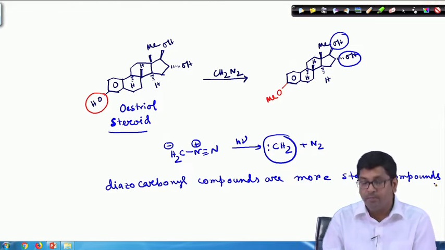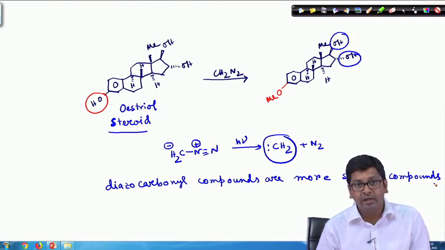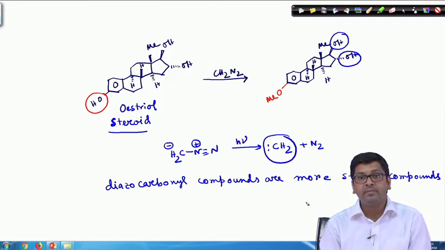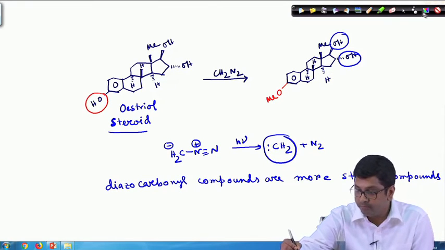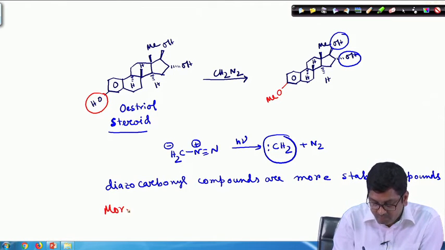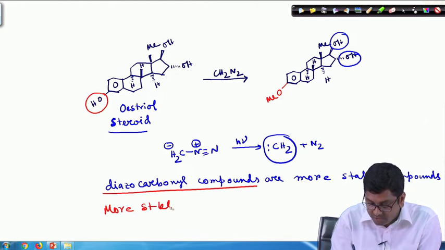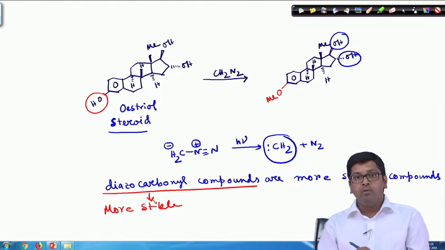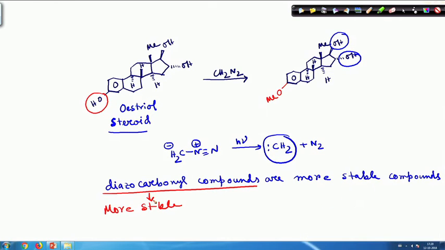So, handling of these compounds will be much easier. Okay. So, what am I talking about? More stable, diazocarbonyl compounds will be more stable. Now, if something is more stable, that means we can easily handle them, or the use of these diazocarbonyl compounds in the reactions will be easier.